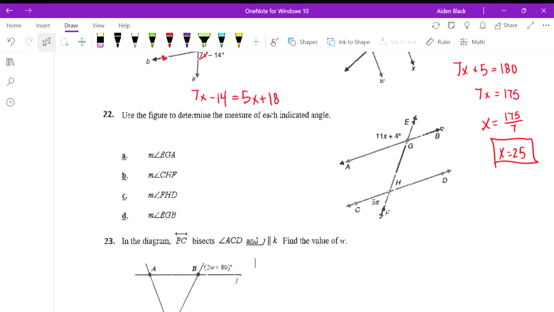Use the figure to determine the measure of each indicated angle. Okay, so EGA is this angle here. And then I'm also going to look here at FHC or CHF. Notice they're same side exterior, therefore they must be same side supplementary.